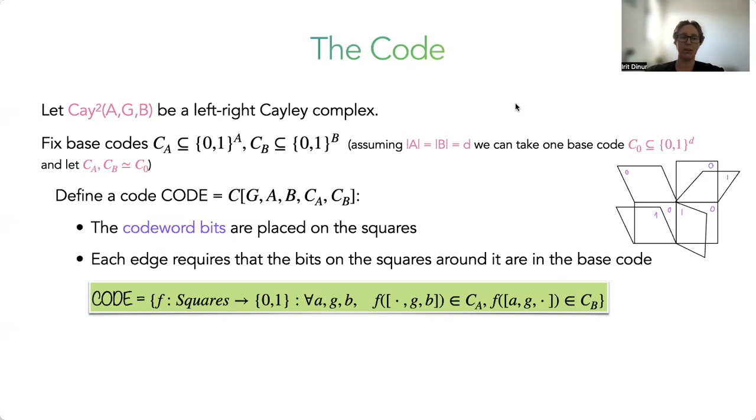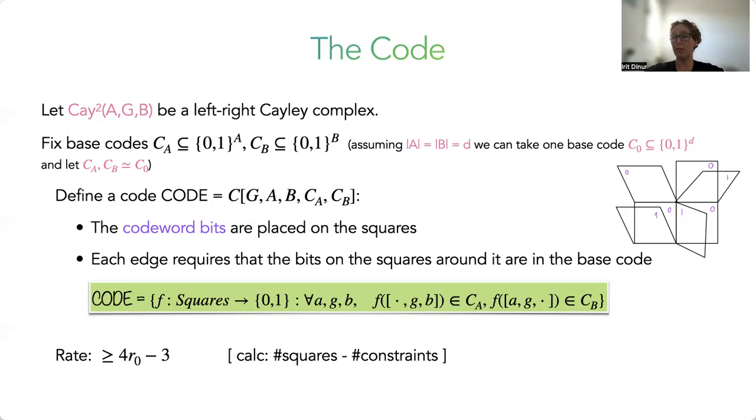So formally, the code is just a collection of all functions from the squares to {0,1}, such that for every G and B, so I'm looking really at the edge from G to GB, when I range over the A's, I get a string, and this string is in CA. And if I fix A and G, so it's an edge from G to AG, when I range over the B's, I'm in CB. So this is a one-line definition of the code.